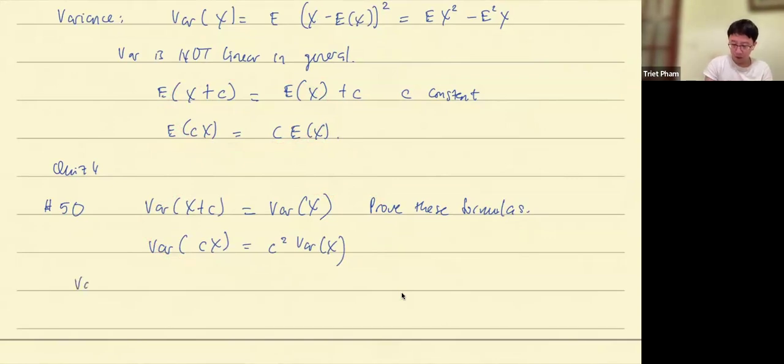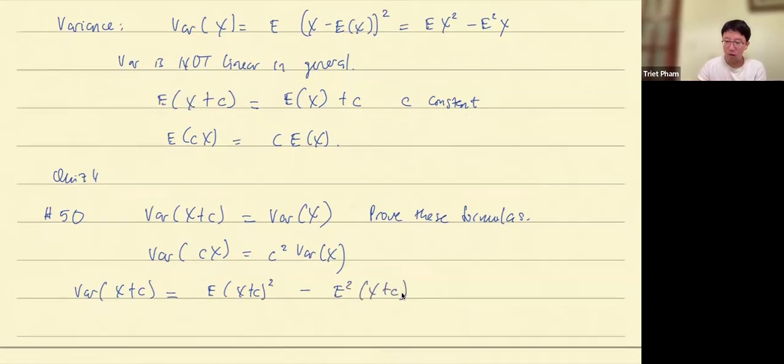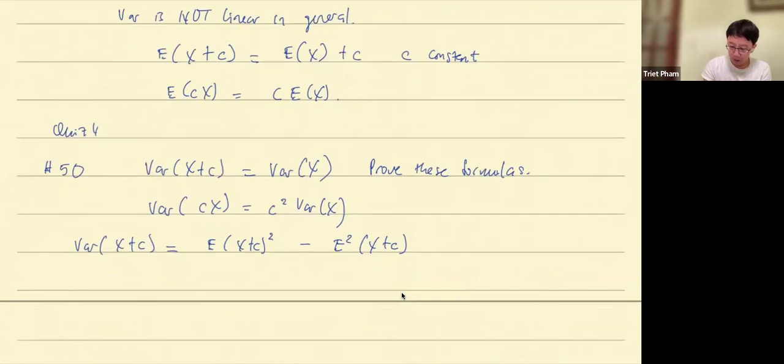Well, for example, how do we prove that the variance of X plus C is equal to the variance of X? You have nothing better to do than to use the definition. So that's going to be the expectation of (X plus C) squared minus the square of the expectation of X plus C. The expectation of (X plus C) squared is the expectation of X squared plus 2XC plus C squared.